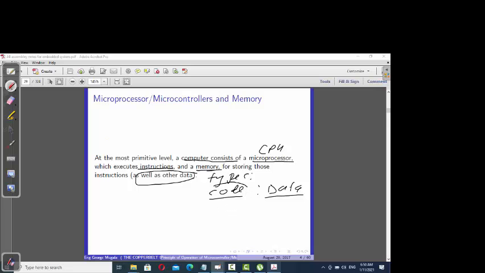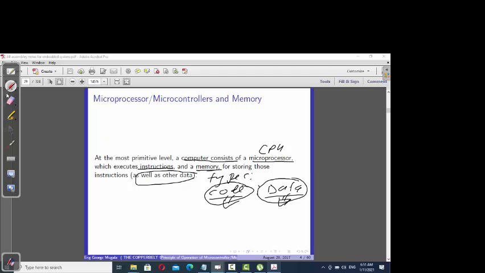Which memory stores what depends on whether it is for storing the code, the instructions that you write, or for storing data, which is the data the instructions are going to work on. But at the most primitive level, a computer, a microcomputer, or a microcontroller in this case should contain the microprocessor for executing the instructions and the memory for storing data or the code.